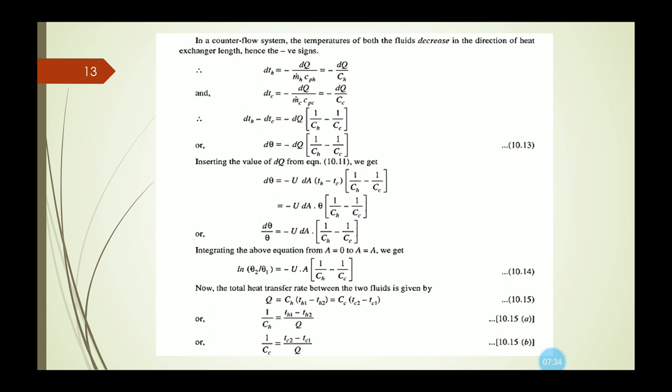Now the total heat transfer rate between these two fluids can be represented as capital Q equals Ch multiplied by the temperature difference for the hot fluid, which equals Cc multiplied by the temperature difference for the cold fluid.